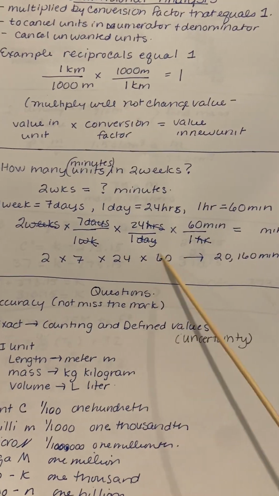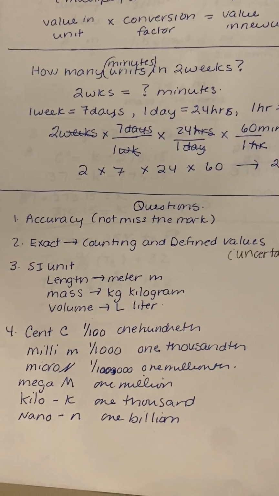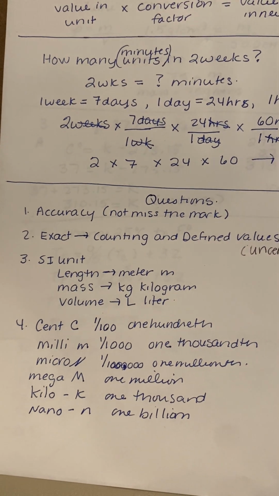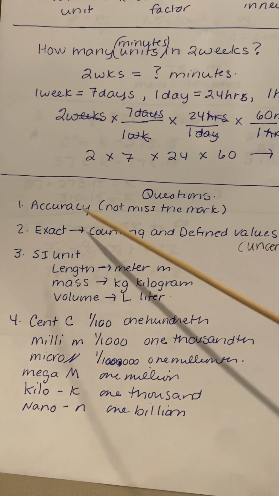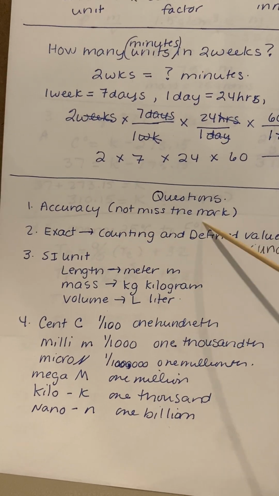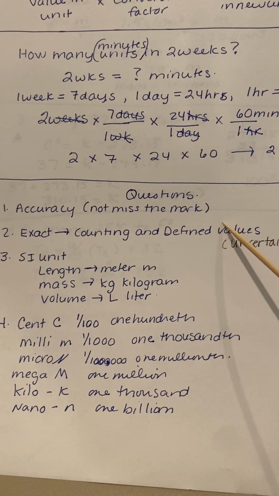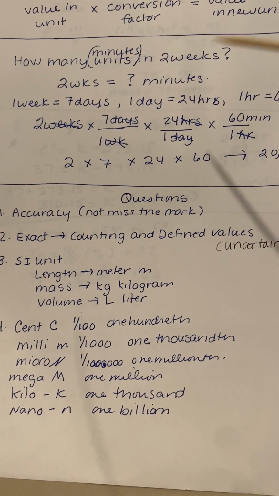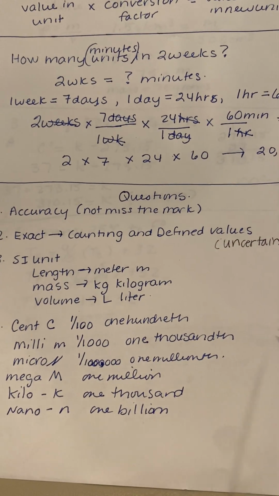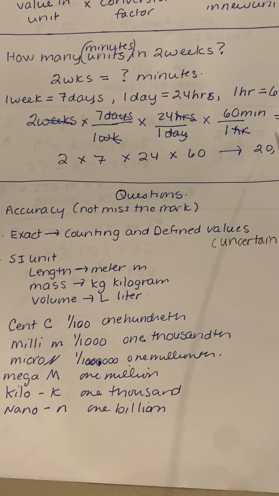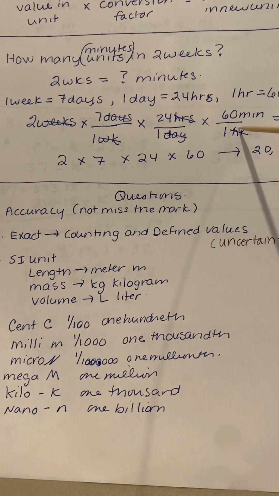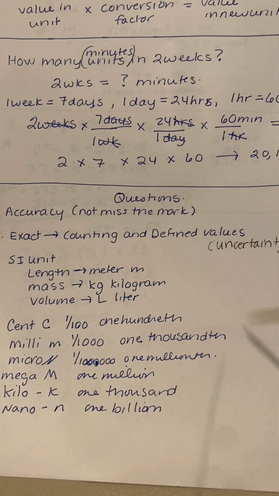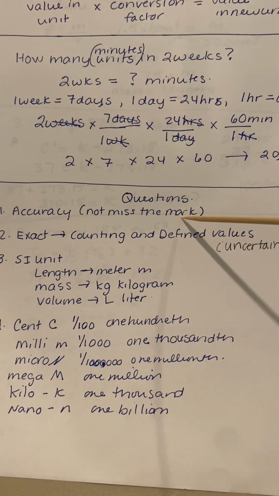Yeah. So let's talk about the questions a little bit here that you have in the book. It talks about precision and accuracy. One thing you need to know is accuracy is about hitting or missing the mark. Precision is not talking about missing the mark. Precision is how close each one is. Say you have a whole bunch of people measuring, and they're all measuring almost the same number. That's high precision. But it doesn't mean that they can't all miss the mark, right?